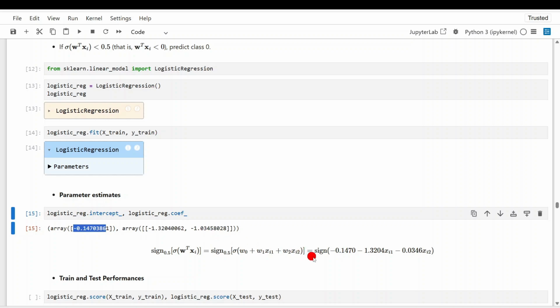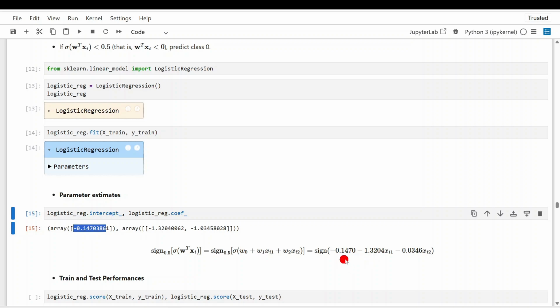So the model, or the decision boundary, will be something like this: minus 0.1470 minus 1.3204 x1 minus 0.0346 x2. Therefore, if the sign of this linear predictor is positive, the predicted class can be considered as 1.